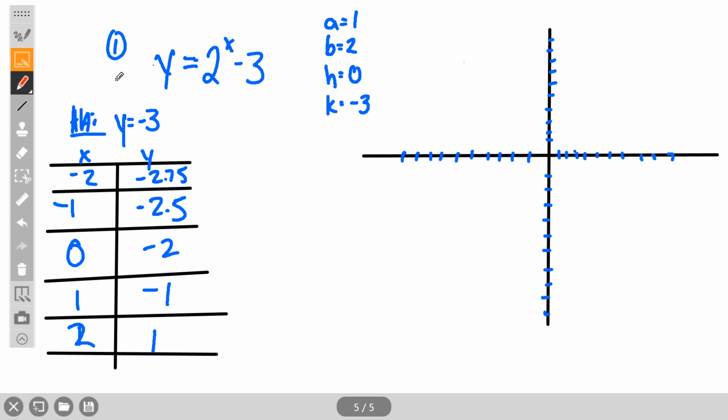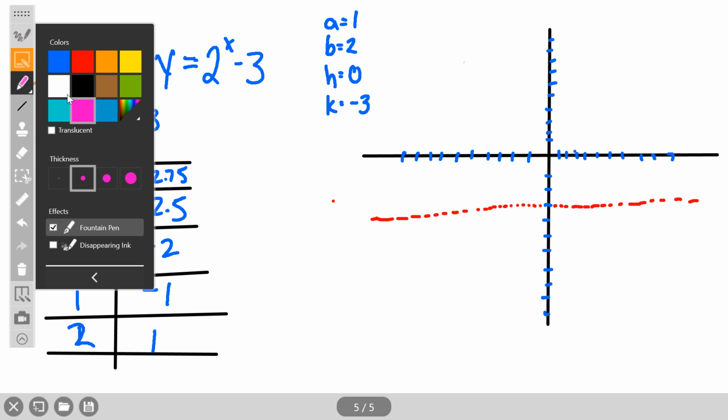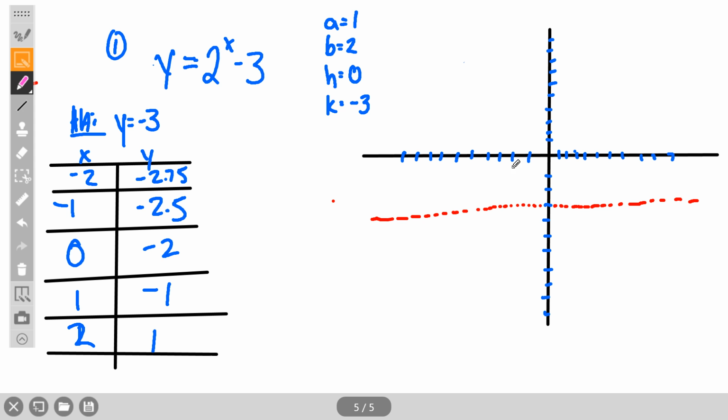Our horizontal asymptote is at negative 3. Negative 2, negative 2.75. Let's see. Negative 1, negative 2.5, 0, negative 2, 1, negative 1, and 2, 1. So like this.